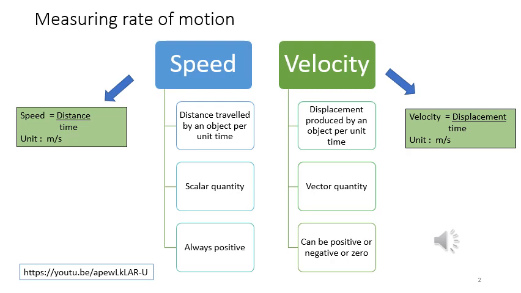So the velocity of an object is a vector quantity. Since it is displacement produced by an object per unit time, it could be positive, negative or 0. The formula for velocity is displacement upon time. The unit will remain meter per second.